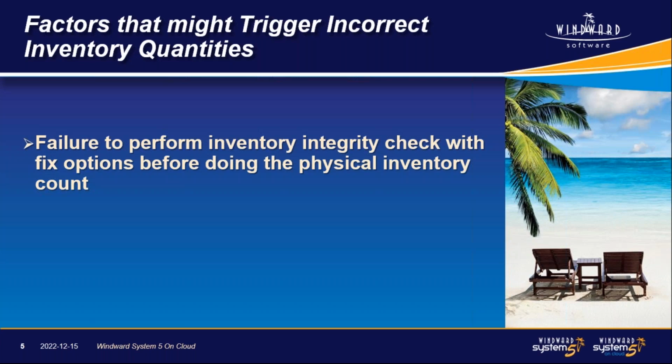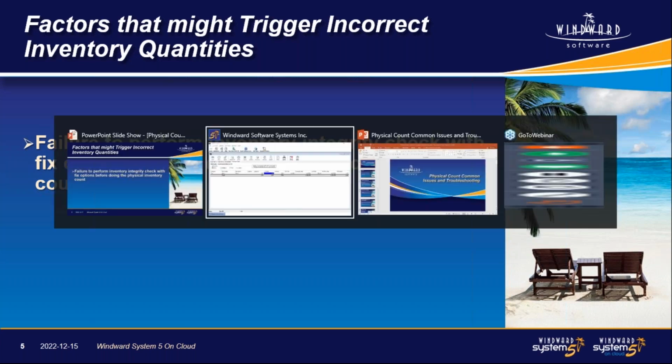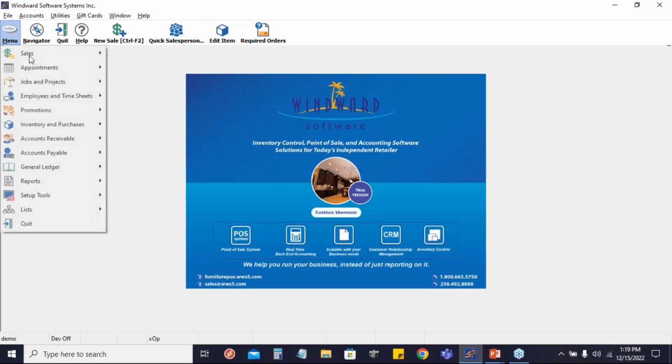It is highly recommended to be run beforehand for you to see if you have inventory issues and then fix them. That can be found, let me just close this, under menu, general ledger, integrity checks, and inventory integrity.